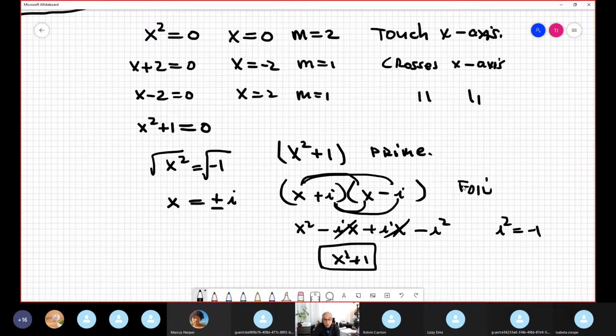So when you're talking about real numbers, you consider that this factor is prime, and it's called an irreducible quadratic expression.